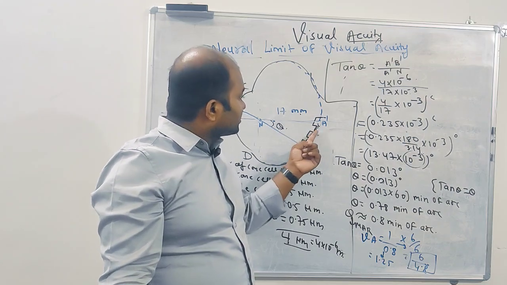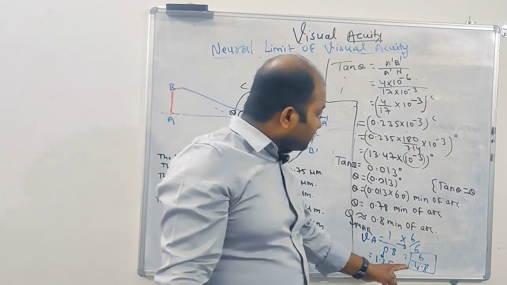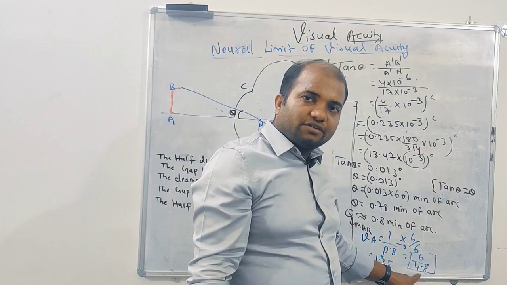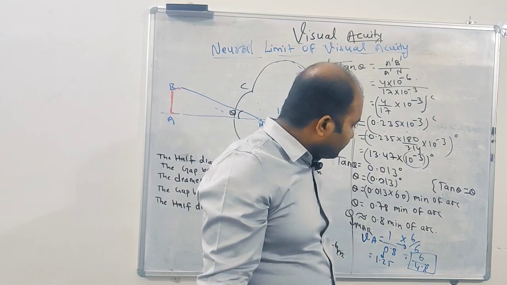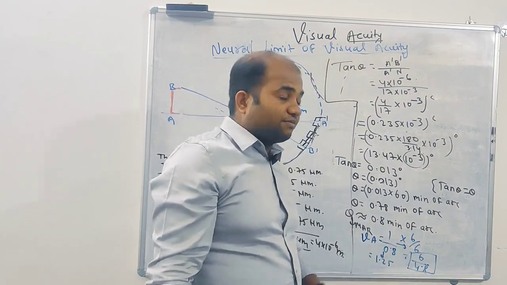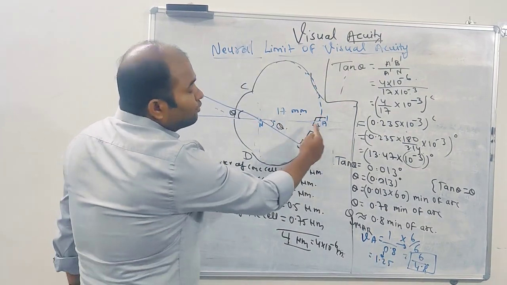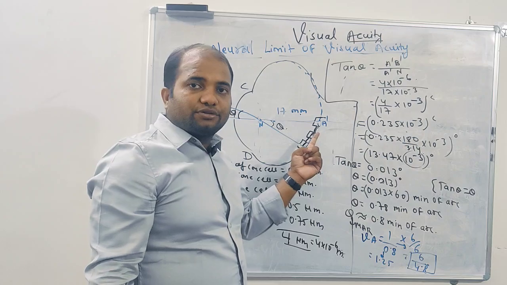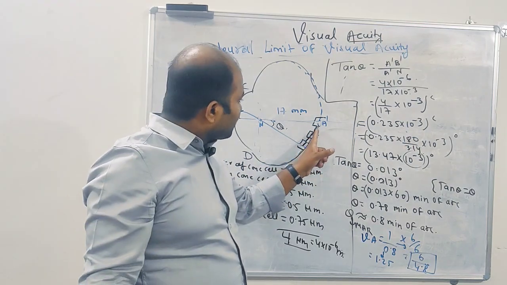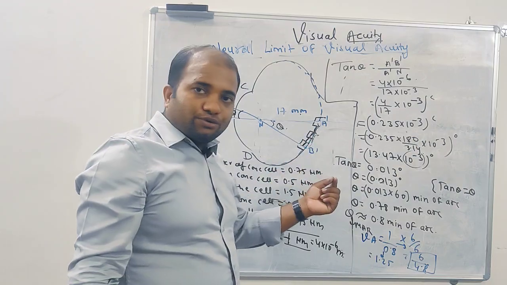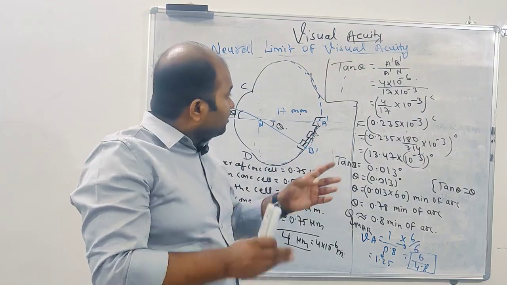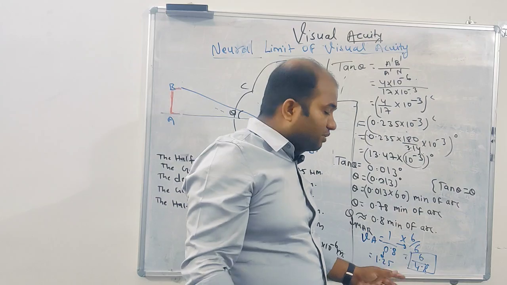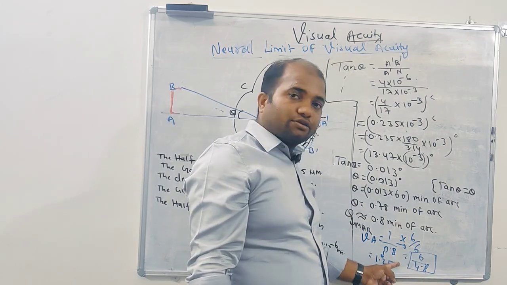The arrangement of the cells in our retina is such that vision cannot become better than 6 by 5 or 6 by 4.8, until the cells become thinner and the gapping decreases, because in the eagle eye, which has a sharp vision, the gapping is not 0.5, the gapping is 0.2. So the gapping should decrease and their diameter should decrease. Then only can you have more resolution, sharp vision and good visual acuity, right?